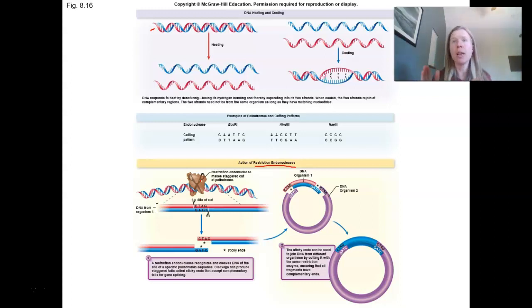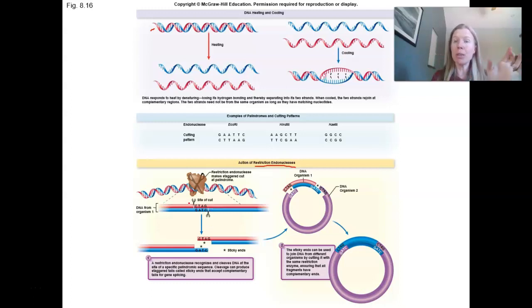There are hundreds, maybe even thousands now, of different restriction endonucleases that we know cut in slightly different areas. They point out that the way these work, there's always a palindrome, the same in both directions. They're pointing out these sticky ends. When I say it's the same in both directions, notice GATC, and then on this side, GATC. So there's what's called sticky ends.